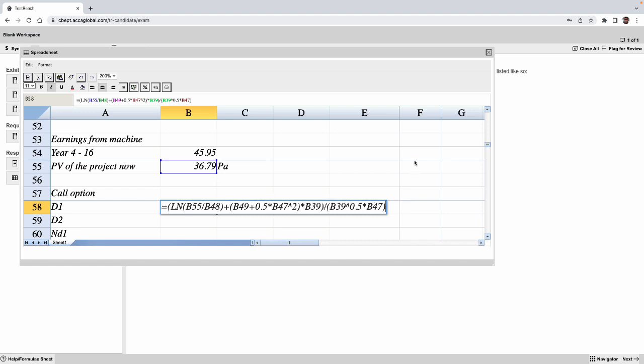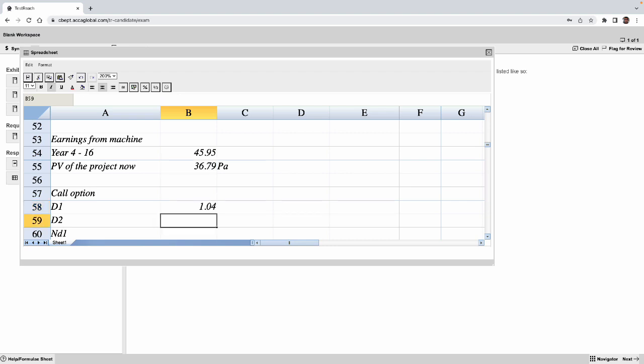Safer, I don't use square root, I just use power of 0.5. Got it? Follow? So you get 1.04.